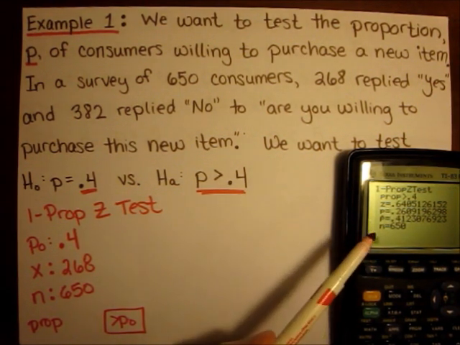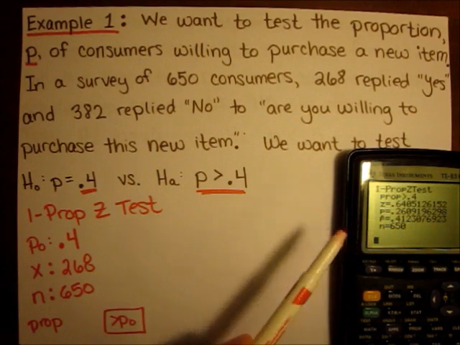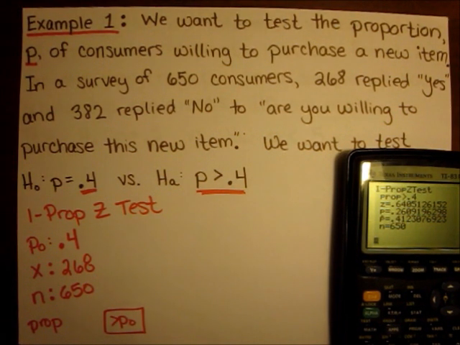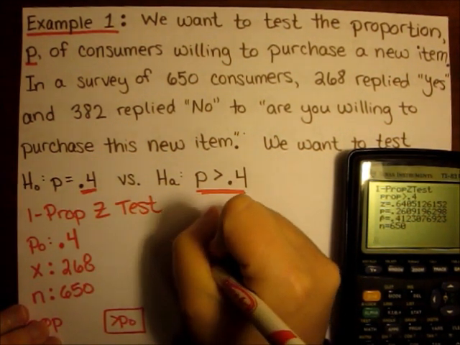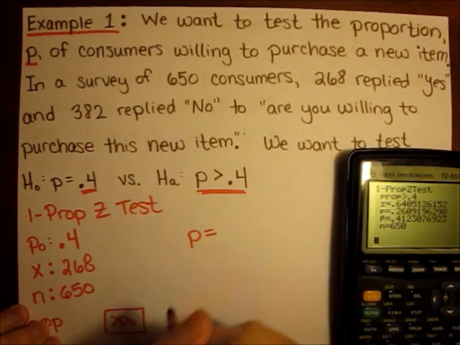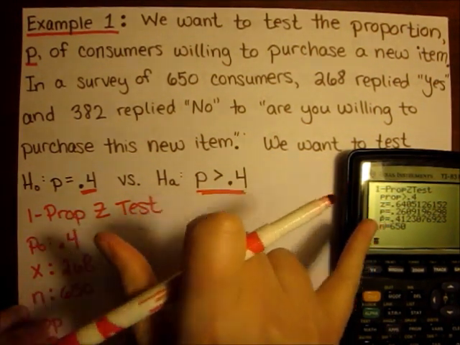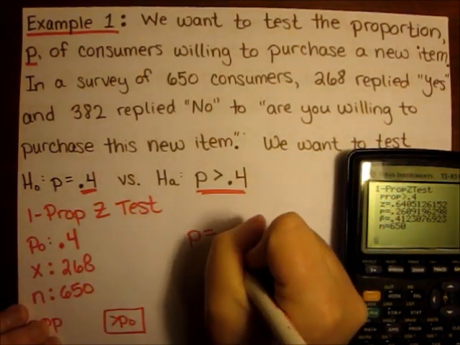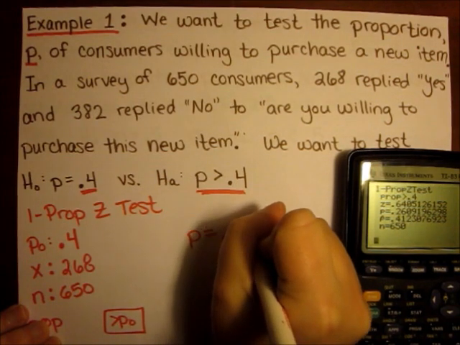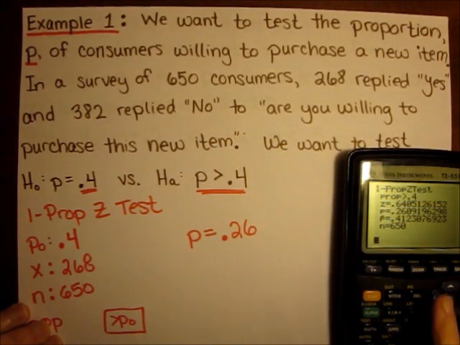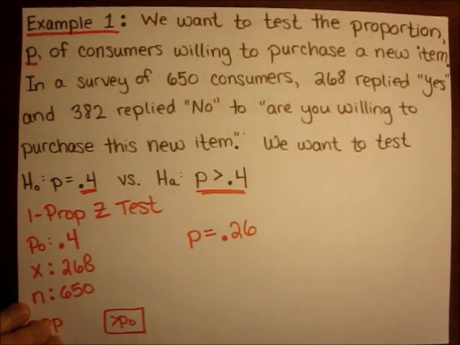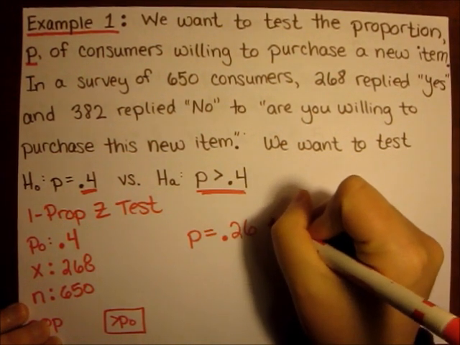I get a z, a p, and a p-hat. Make sure you choose the correct thing after the correct letter p. The number that follows the letter p without the little hat over it is the p-value. My p-value is 0.26.